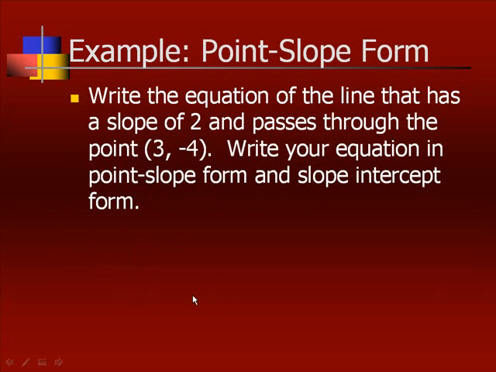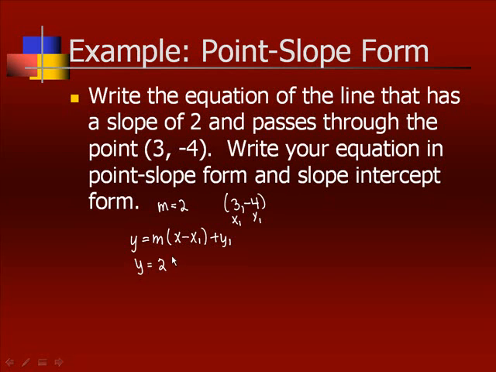Write the equation of a line that has a slope of 2, so we know m equals 2, and passes through the point 3, -4. So that means x1 is 3, y1 is -4. So we're going to take our equation, y equals m times x minus x1 plus y1. Plug it in.